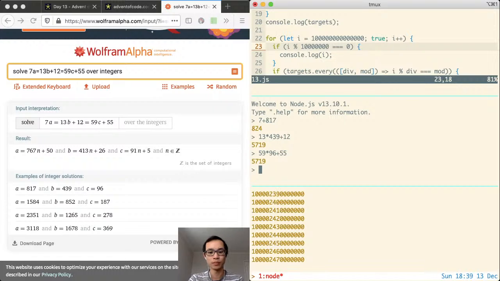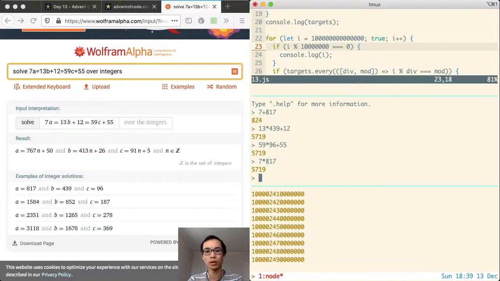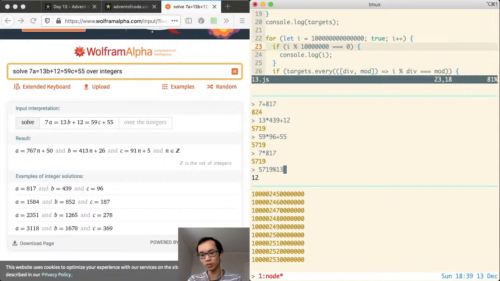Oh, whoops. 7 times 817. Huh. 5719 mod 7 mod 13 mod 59. So it can do that. It can do 3 variables. Can we do 4 variables?